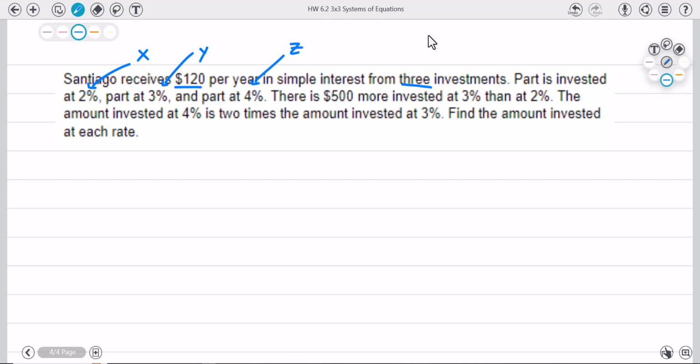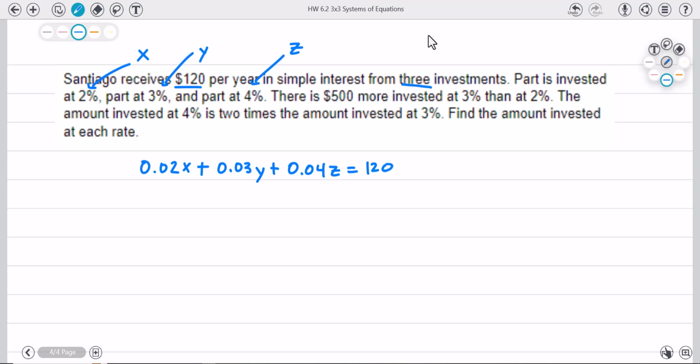So if they receive this 120, then 2%, and I'm putting this in decimal, would be from X, and then 3% from what we're calling Y, 4% what we're calling Z, and this equals 120.